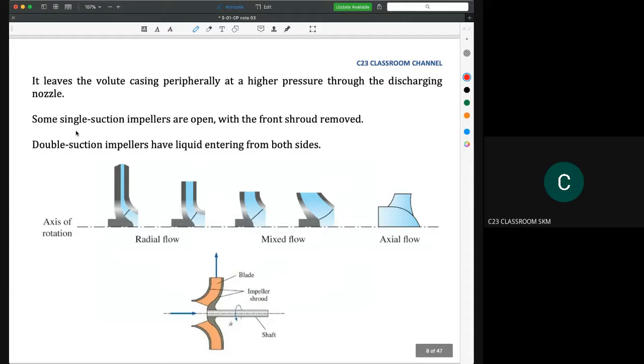And then this is the idea, as I said, of radial flow and mixed flow. Normally in our syllabus we are talking about radial flow, which means the inlet flow will flow in horizontally like this, and we assume that the outflow will flow out vertically like this one.